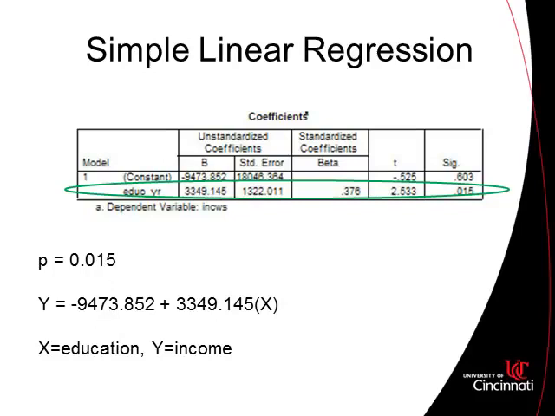And then if we look in the row for our independent variable, we get 3349.145, and that gives us our slope of the line, and then we always leave our x there. So that gives you your equation. So in this equation, we got those two numbers, the constant and then the slope from the B column, and our x would be the education level and y would be the income.